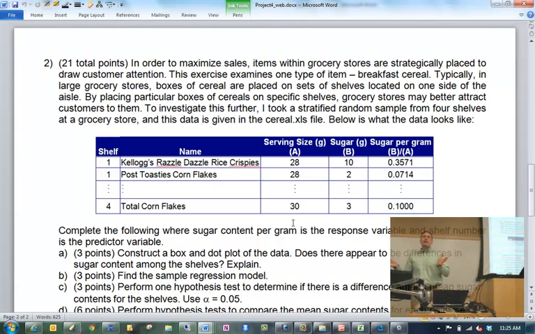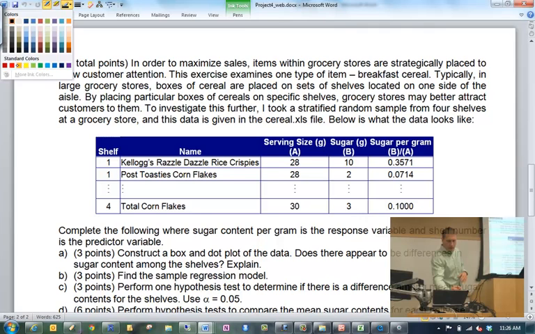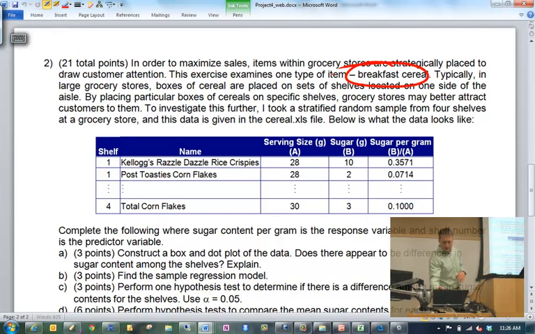In order to maximize sales of items at a grocery store, the manager is going to have items placed in certain locations to try to draw customers' attention to them so that they'll put them in their basket and then go buy them. We're going to look at one particular kind of item at grocery stores, in particular, breakfast cereal.